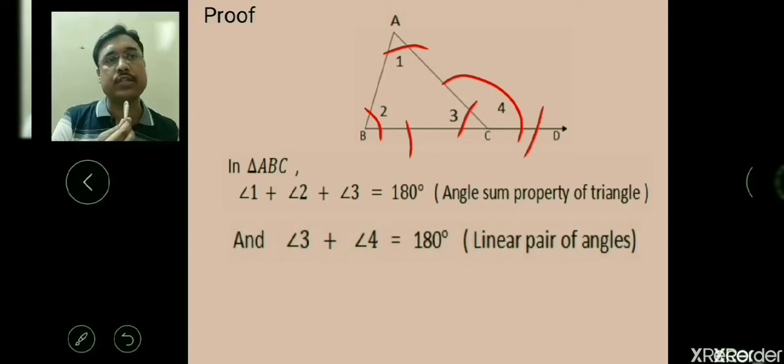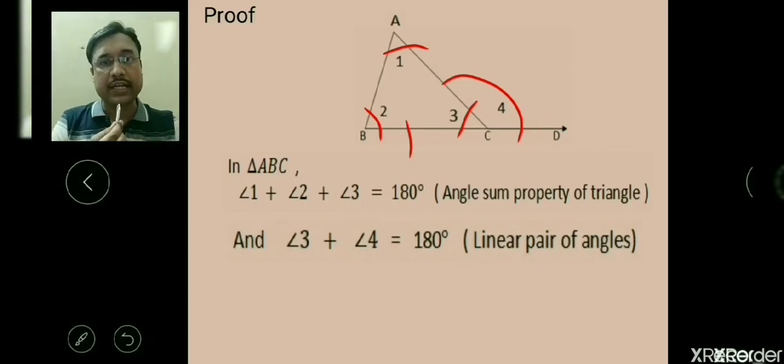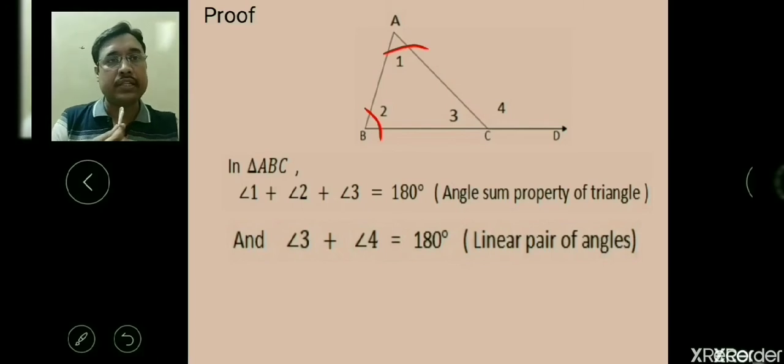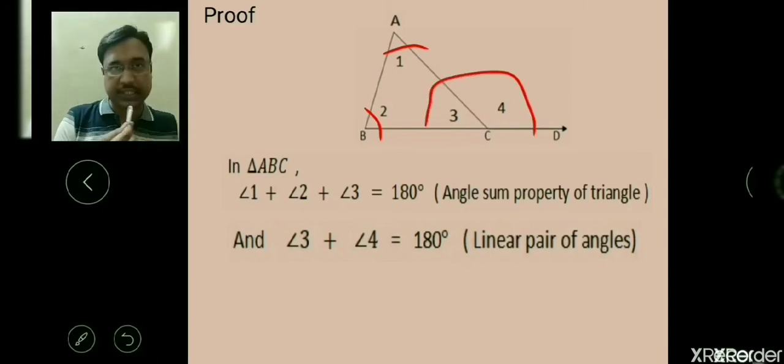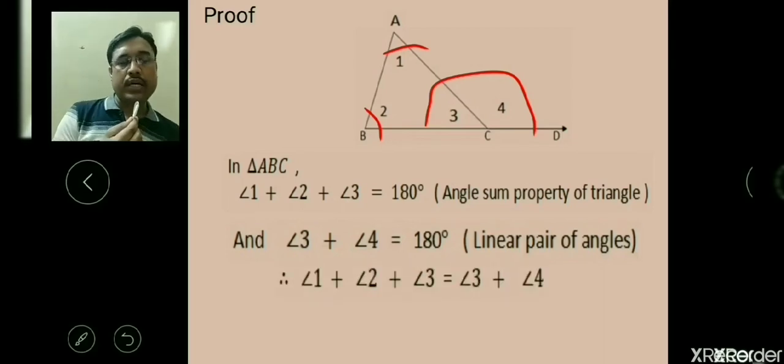They are going in opposite directions, so they are a linear pair. Together angle 3 and angle 4 make one straight line BCD. So angle 3 plus angle 4 is 180 degrees.